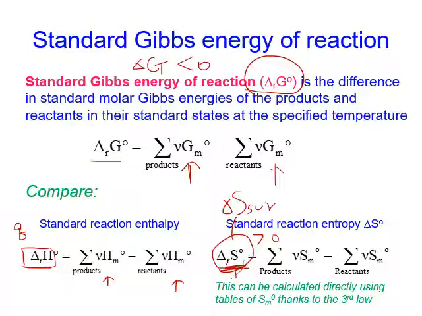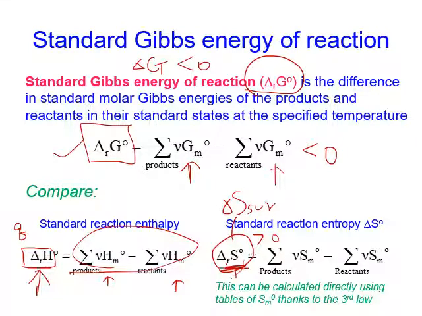Now we have the standard reaction Gibbs energy. So if the standard reaction Gibbs energy is less than 0, then we know the reaction is spontaneous. We do not need to think about the system and surroundings, and one function is enough. Also notice that when we calculate reaction enthalpy, we cannot use this equation. This is for definition.